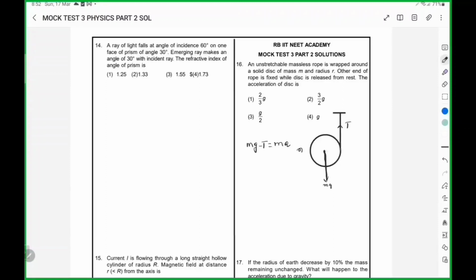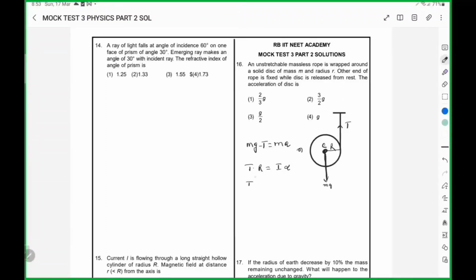Let us calculate torque about the center of the disk. Since the weight acts through the center, there is no torque due to the weight. Only the tension gives torque, that is T into R is I alpha.